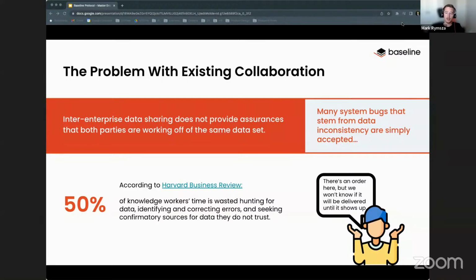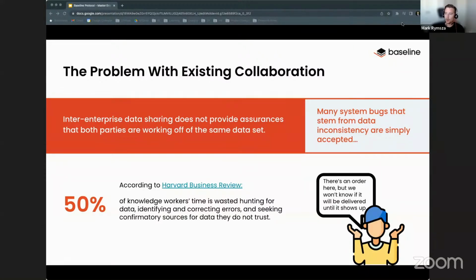It can add a lot of time and wasted effort, wasted resources, and expenditures for companies to verify and make sure that any of the problems that arise from those data set inconsistencies are smoothed out and strained out. And according to the Harvard Business Review, over 50% of workers' time can be wasted just hunting for data, correcting errors, and looking for confirmatory sources for data that they don't trust.